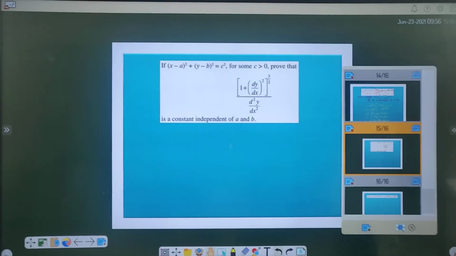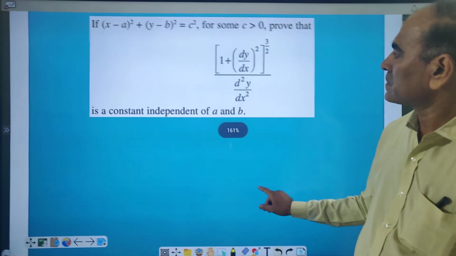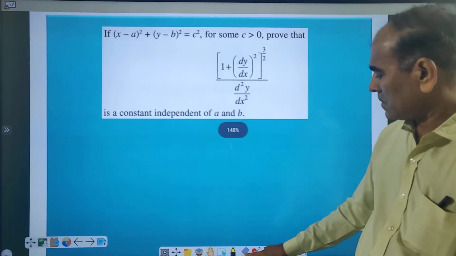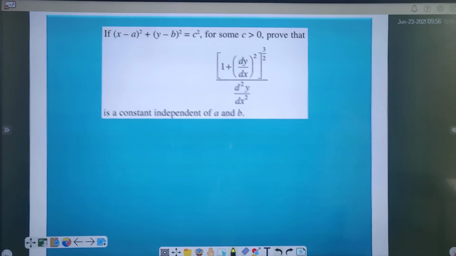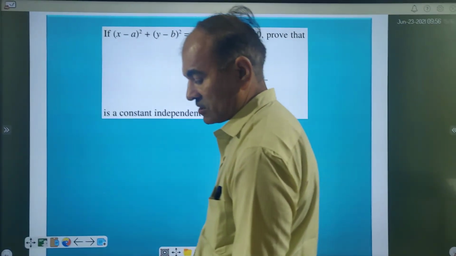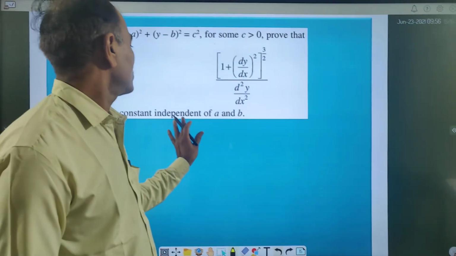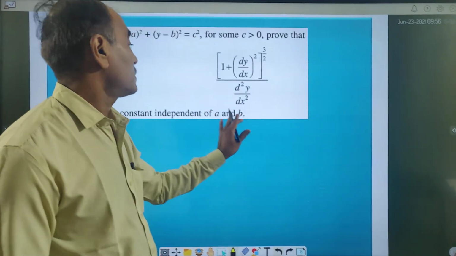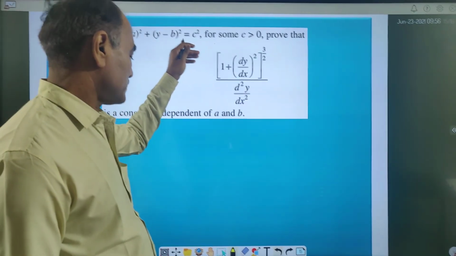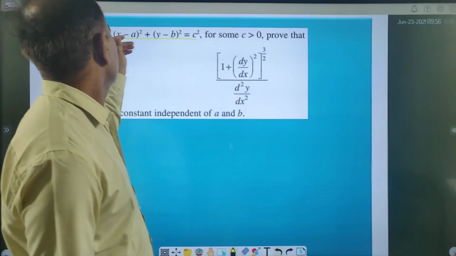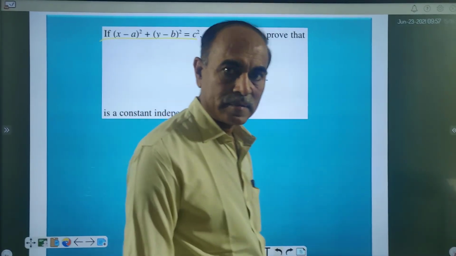Next one, see that. One relation is given here. What is it? If (x minus a) whole square plus (y minus b) whole square is equal to c square for some c greater than 0, then prove that this thing is constant, independent of the point. Of course, this is the equation of a circle having center (a, b) and radius c.